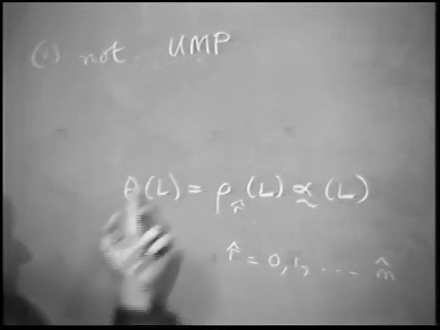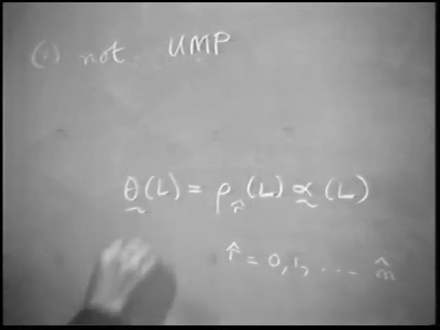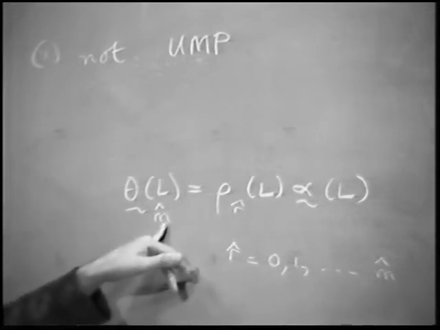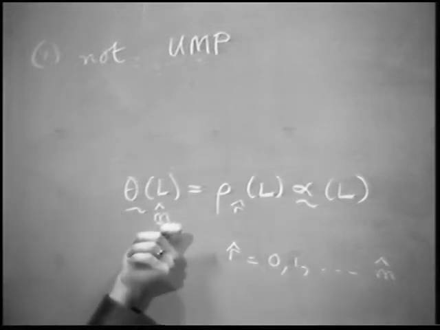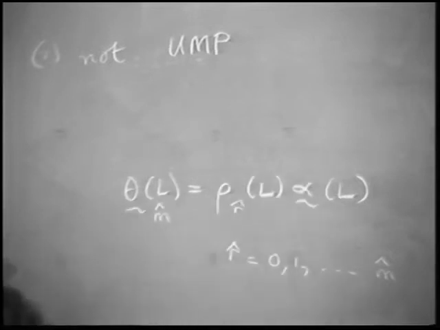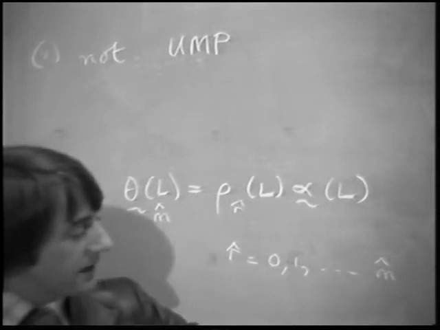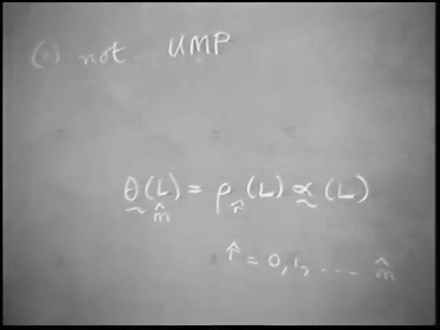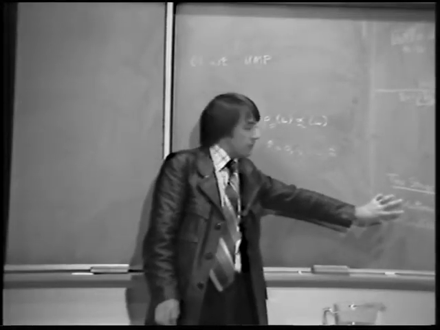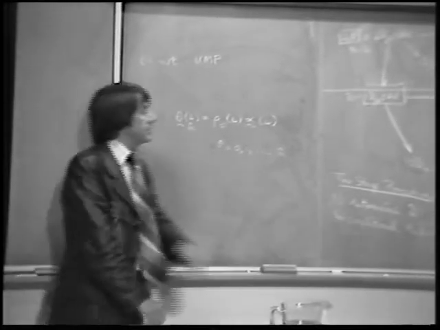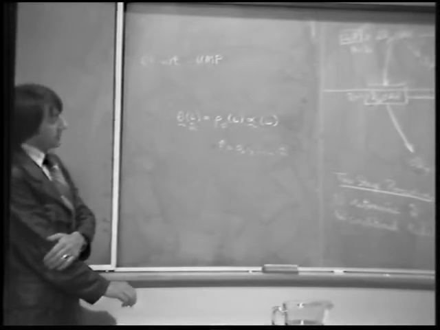But the point is that we're testing these conditional on the value we've determined at the previous stage for m hat. So if in the first stage we've made a mistake on m hat, this no longer is going to give us the appropriate result. And it's because the second stage proceeds conditional on the results of the first that when we put the two stages together, we can't argue that the two-stage procedure is a uniformly most powerful testing procedure.